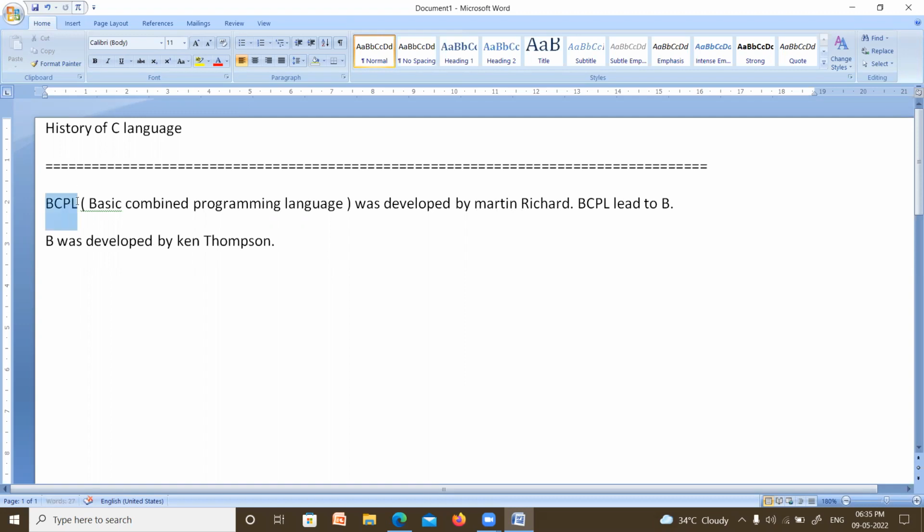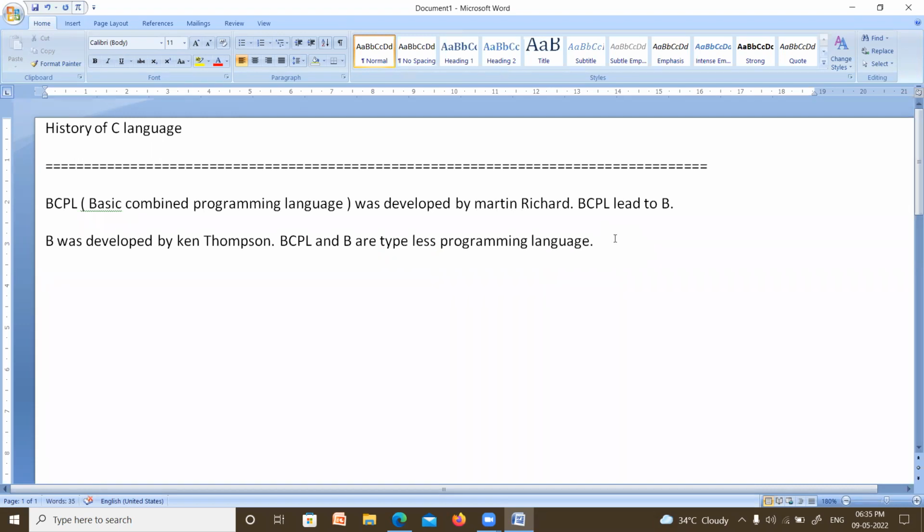Actually, the languages BCPL and B both are typeless programming languages. What is the meaning of typeless? Typeless means there are no data types.